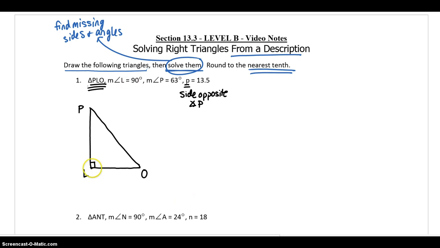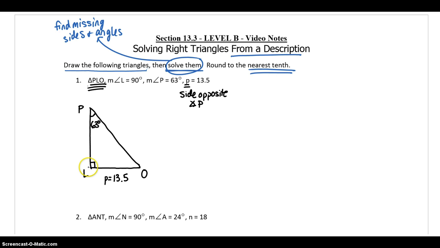Alright, measure of angle L is 90 degrees, check. The measure of angle P, so that's this one, is 63 degrees. And then the measure of side P is 13.5, so that means the side opposite of P, lowercase p, is 13.5. So there's my triangle. Alright, and then once again I'm going to solve it, so I need to figure out what's missing.